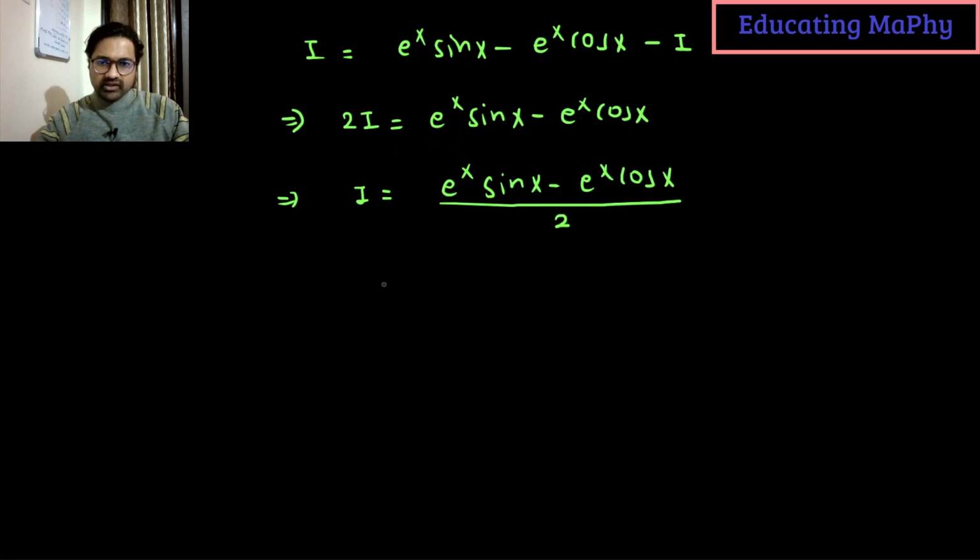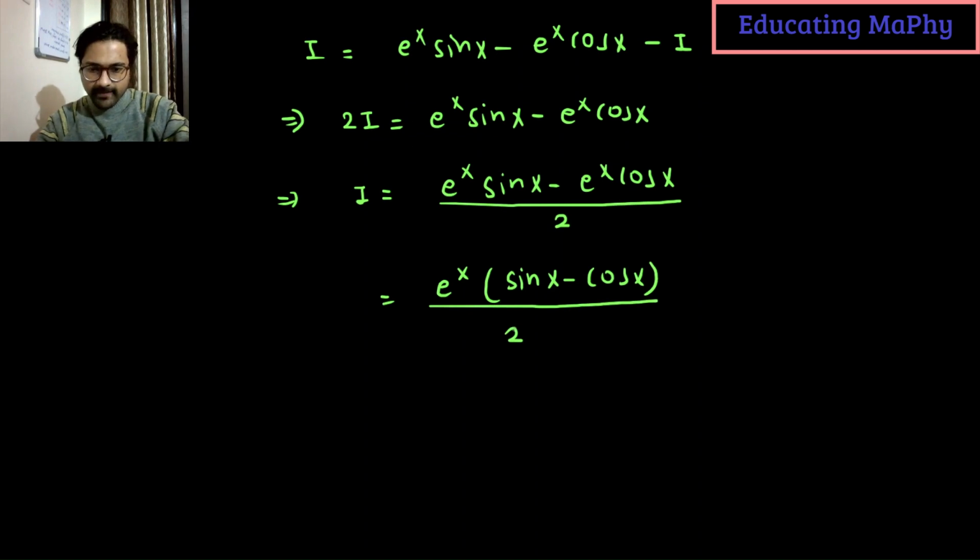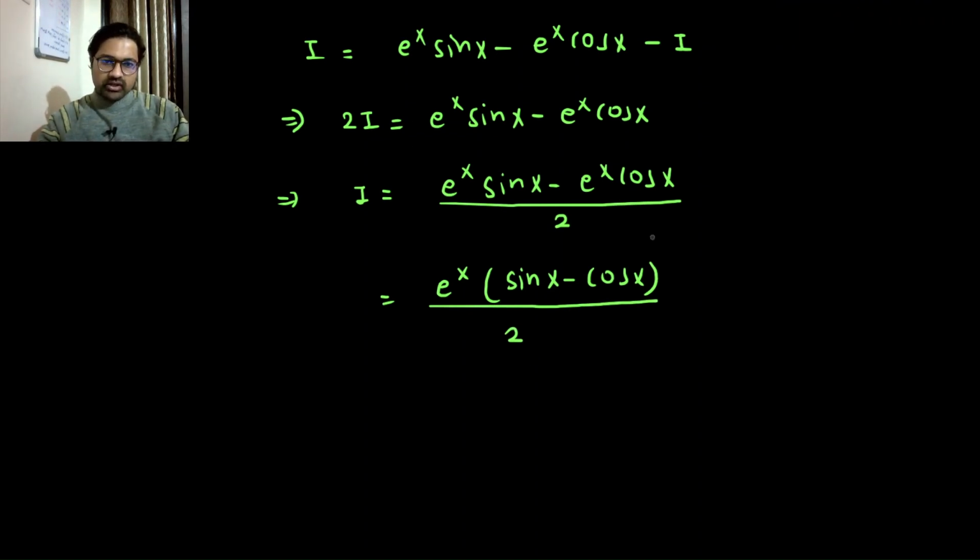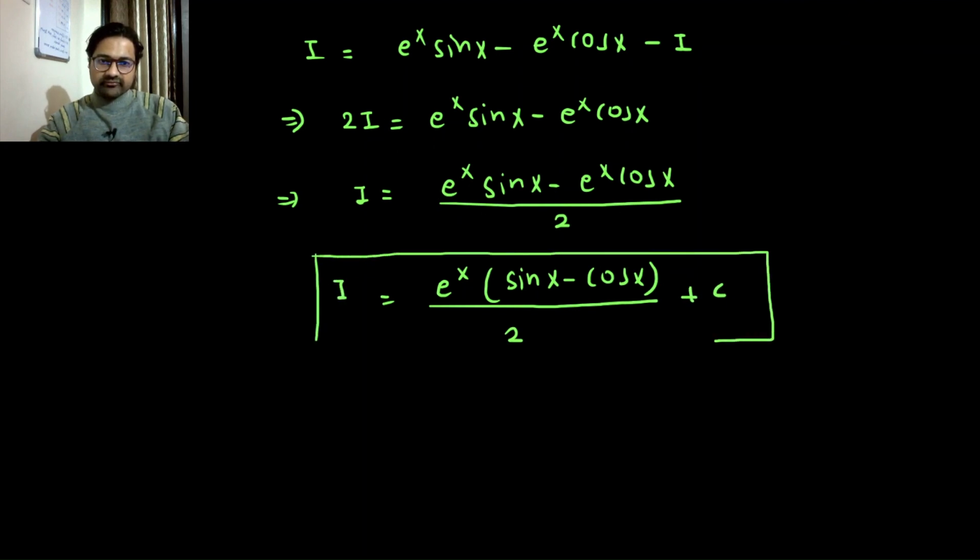Obviously e raised to x is a common factor, so that's going to come out: e raised to x times sin x minus cos x over 2, and obviously there will be a constant of integration c over here. So this is the final answer.